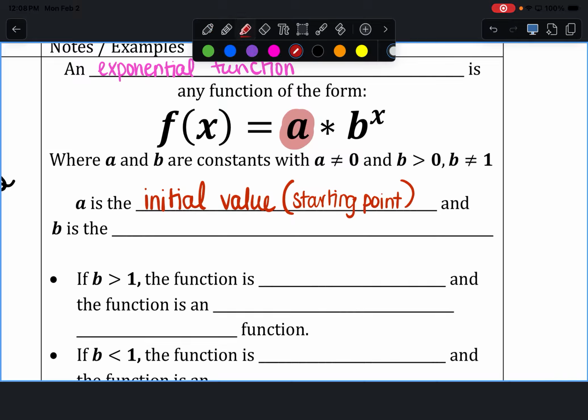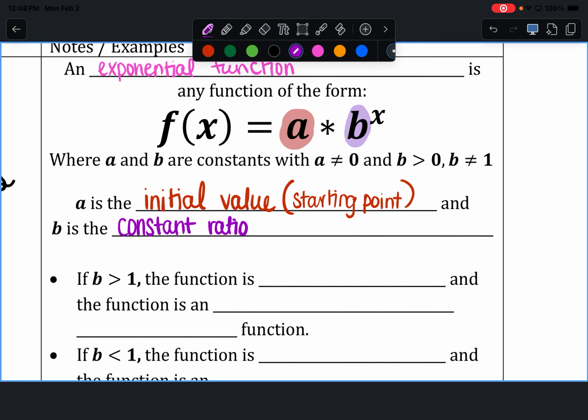And b is what is actually being raised to the power of x. So b is our constant ratio. b is what each step is being multiplied by between each step.